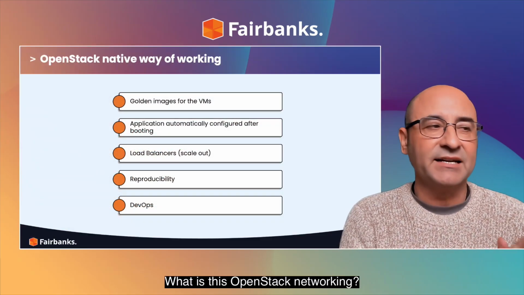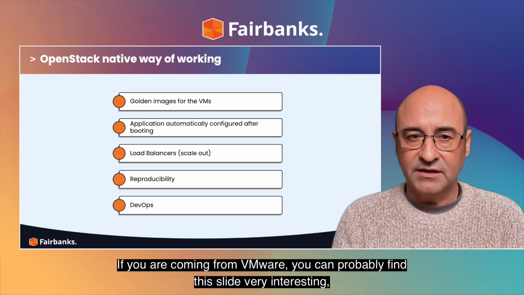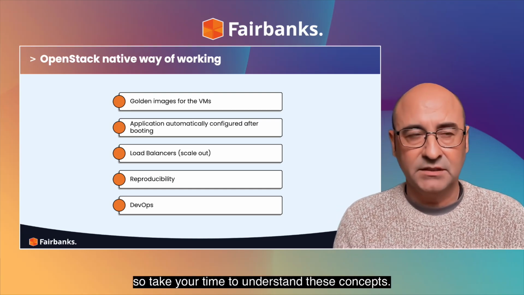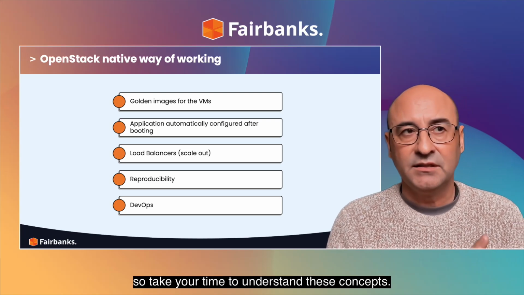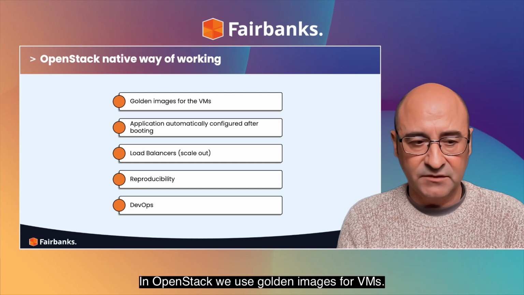What is this OpenStack native way of working? If you are coming from VMware, you can probably find this slide very interesting. So take your time to understand these concepts. In OpenStack, we use golden images for VMs.